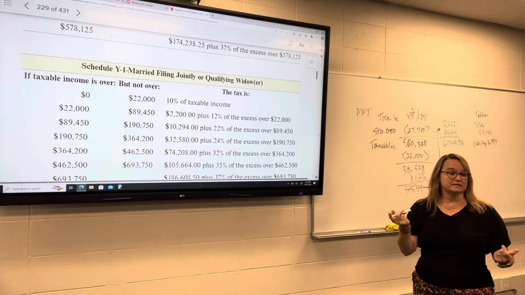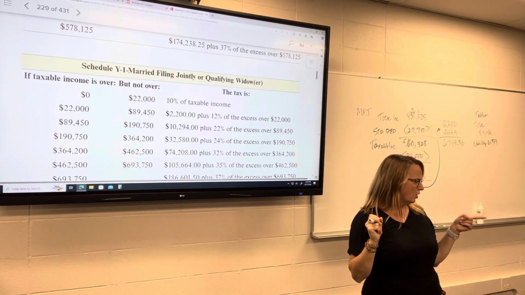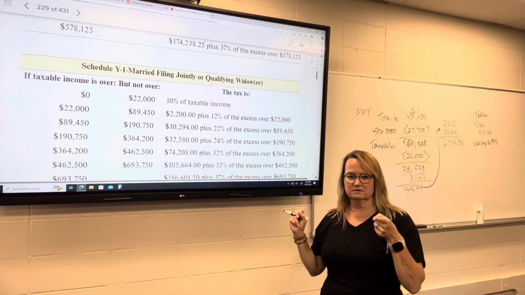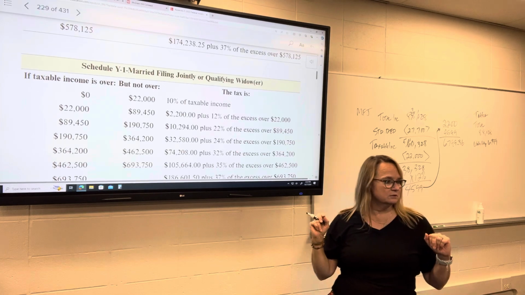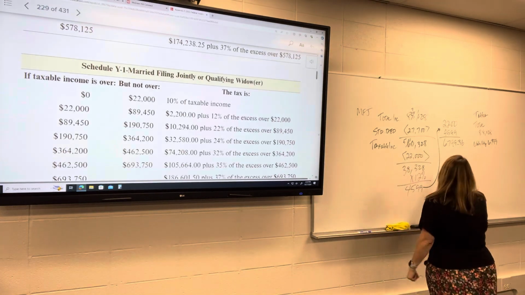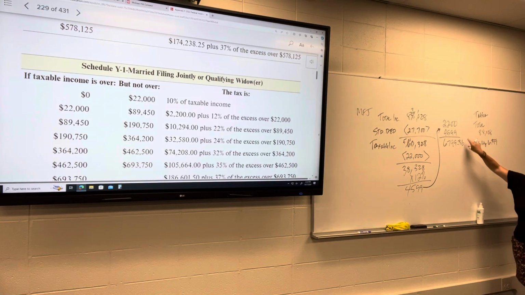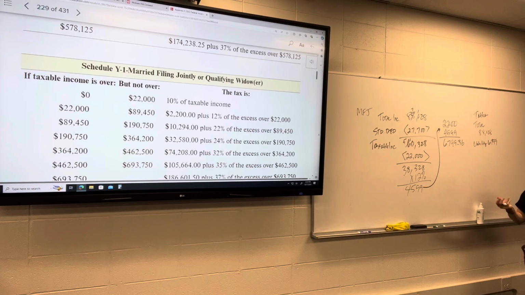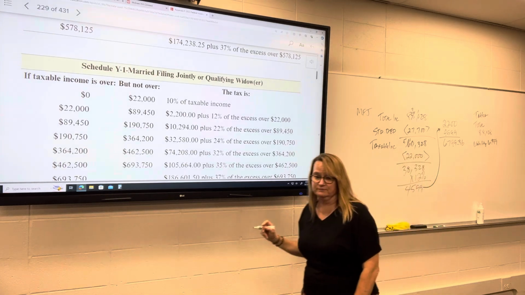There are going to be instances where there's a little bit of difference, and I think the example in your homework is a few dollars, like maybe 3 something and some change. Normally, yes, your answer using the schedules is going to have a decimal. This is going to be rounded. When you're actually doing the tax return, they don't use decimals on the tax returns.